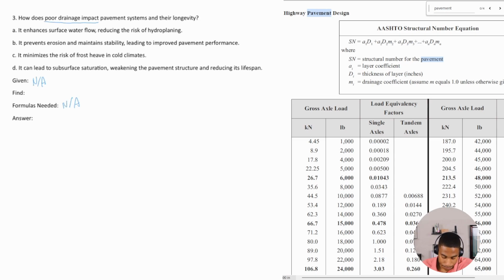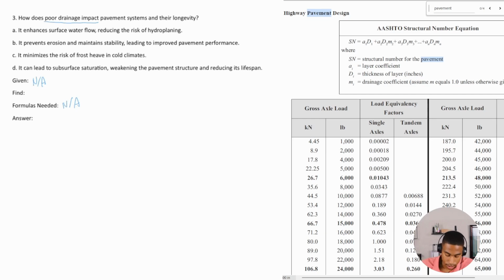A, it enhances surface water flow, reducing the risk of hydroplaning. I don't think poor drainage within a pavement, which means water is built up, is going to enhance your surface water flow and reduce the risk of hydroplaning.